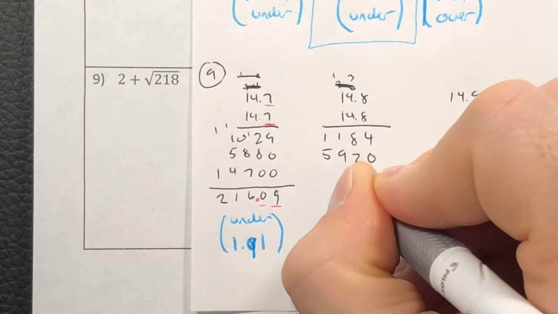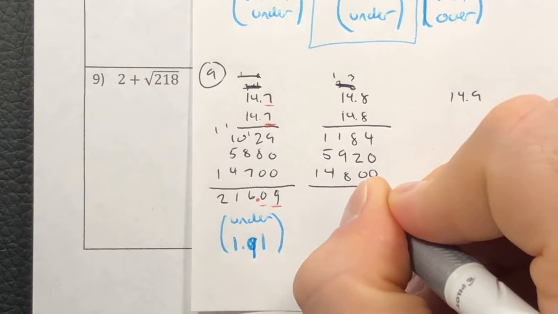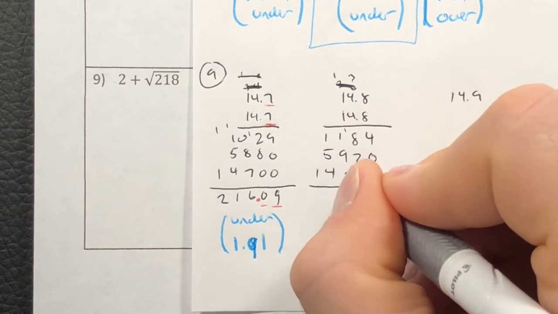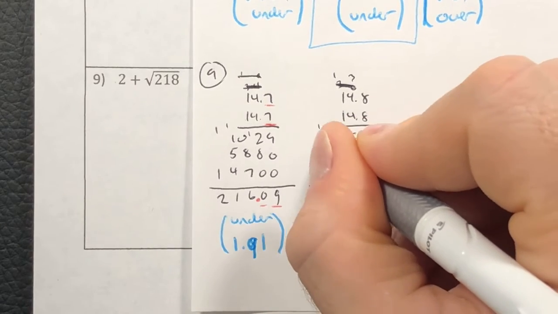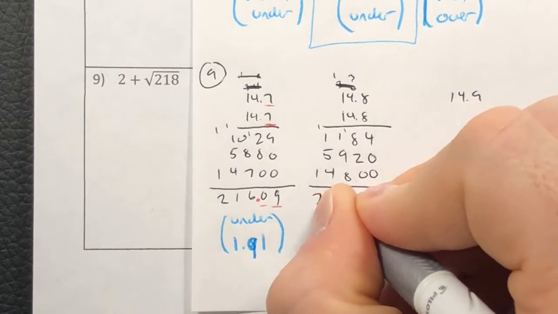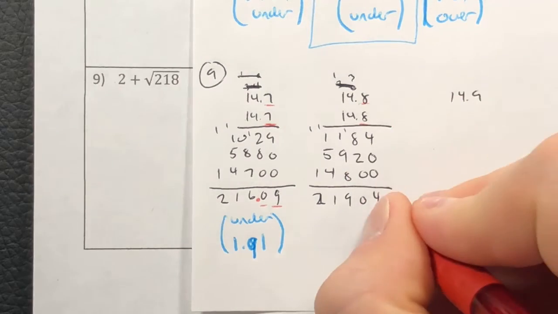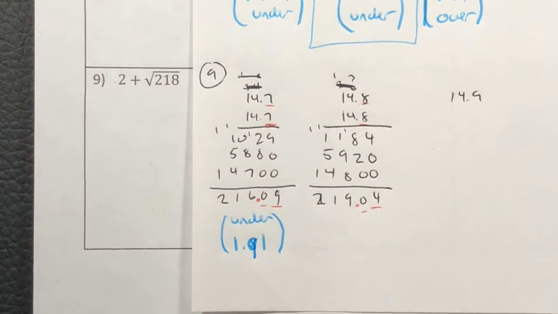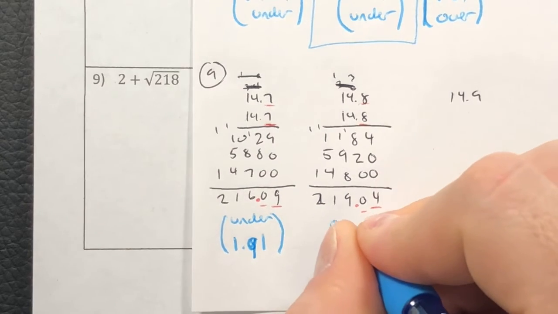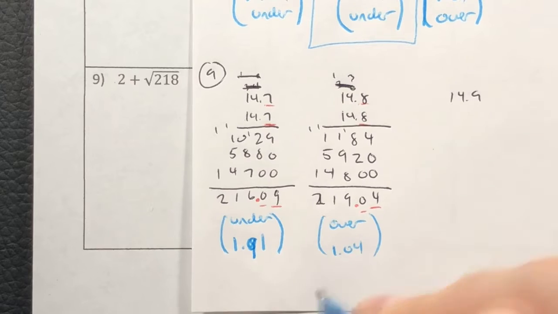Hold 2 zeros, and I have 8, 4, 1, 4, 0, carry my 1, that's 10, that's 19, carry the 1, 9, 10, 11, carry the 1, so that's going to be 2, 219. And I had 2 decimals in the original, 2 decimals in the final, and just like we wanted it, we're over this time by 1.04.